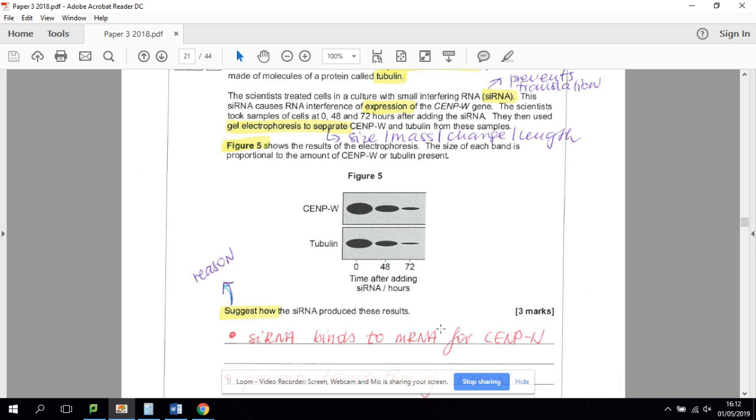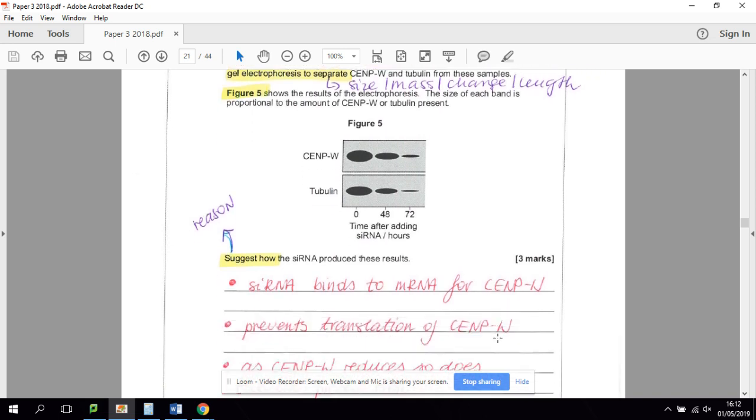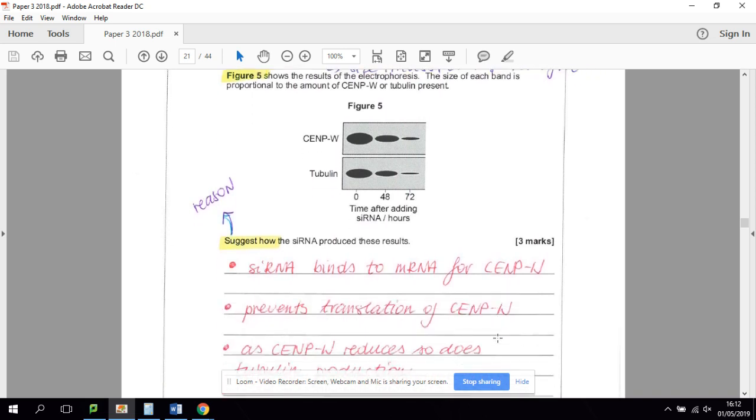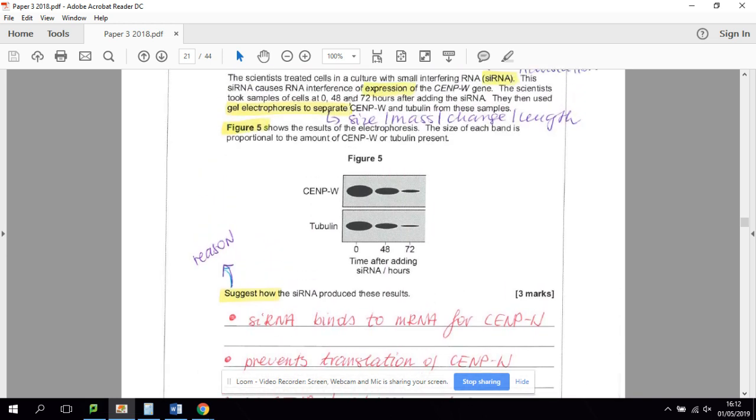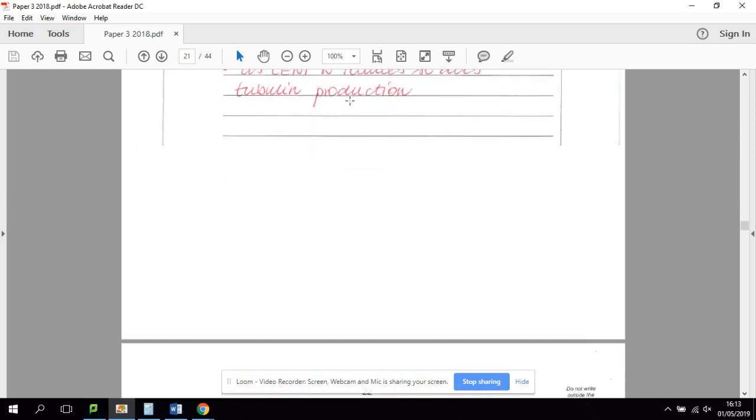How? Because it will bind to the mRNA that codes for this gene, and that will prevent translation. So it will reduce tubulin production, because they told you that this expression is needed for the tubulin to be present.